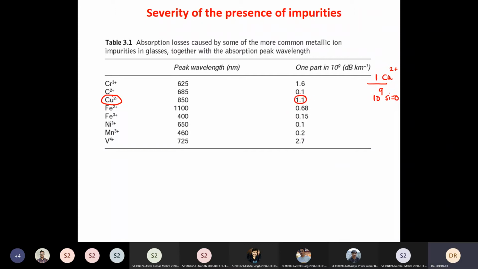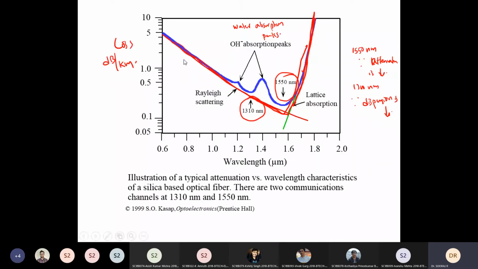This chart illustrates the importance of impurities. It means you have to minimize the presence of impurities as much as possible so that the losses can be minimized. The presence of water vapor is also responsible for losses in optical fibers.